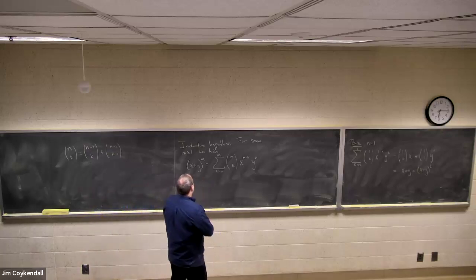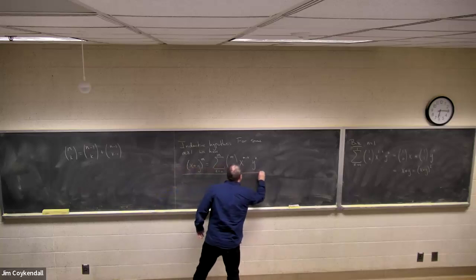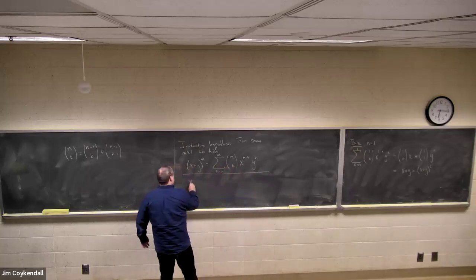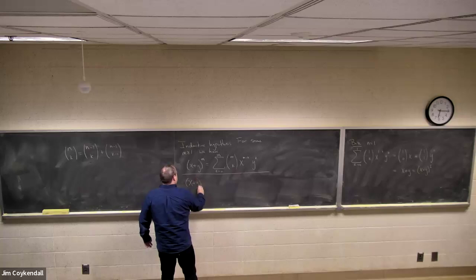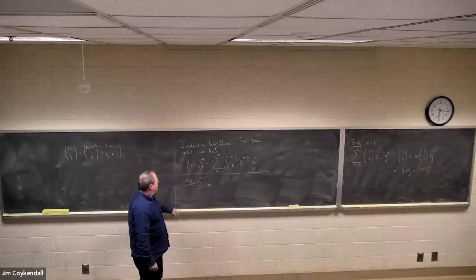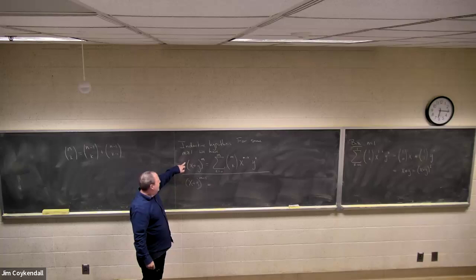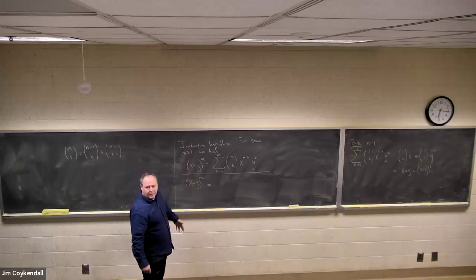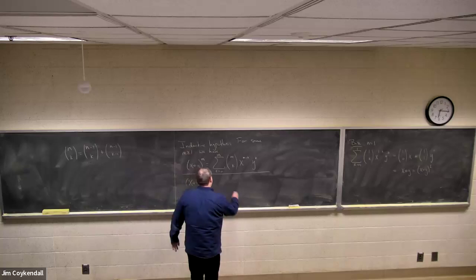Okay, so I'm going to be real simple minded here. What's the easiest thing you can do? How do you get from (x plus y) to the m to (x plus y) to the m plus one? Multiply by x plus y, so let's multiply the other side by this.